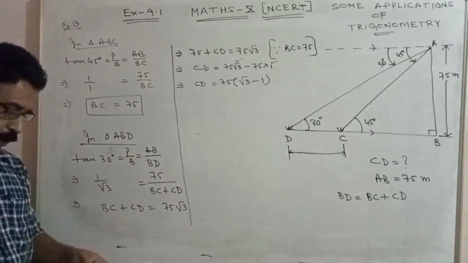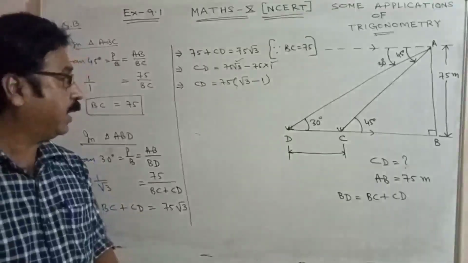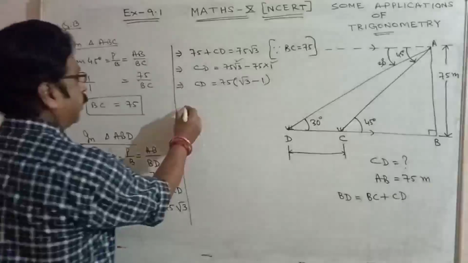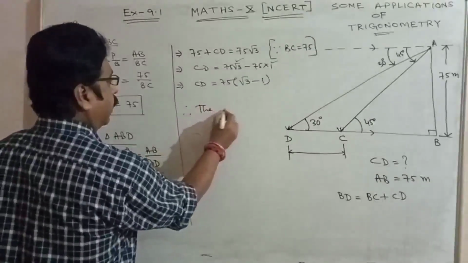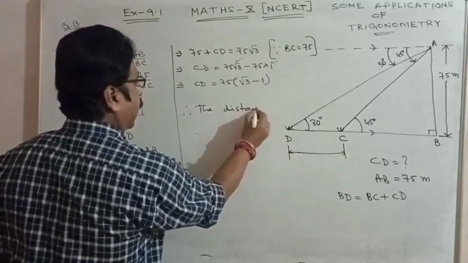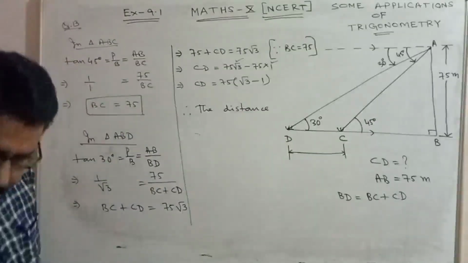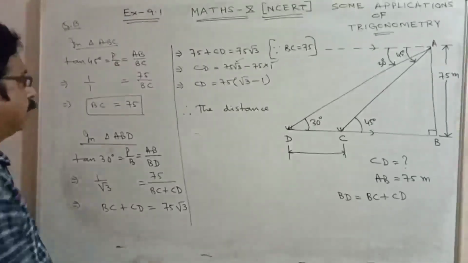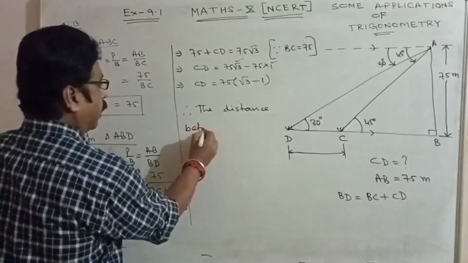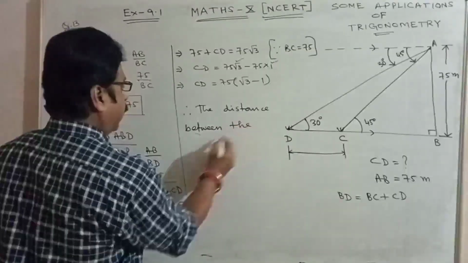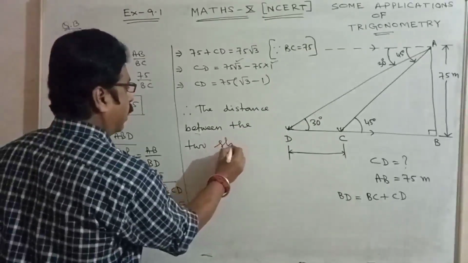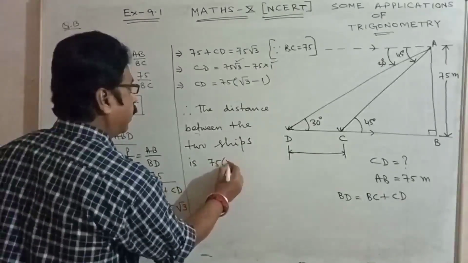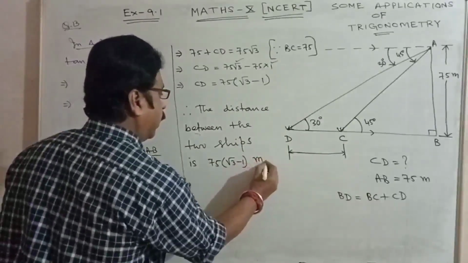Therefore, the distance between the two ships is 75 multiplied by root 3 minus 1 meter.